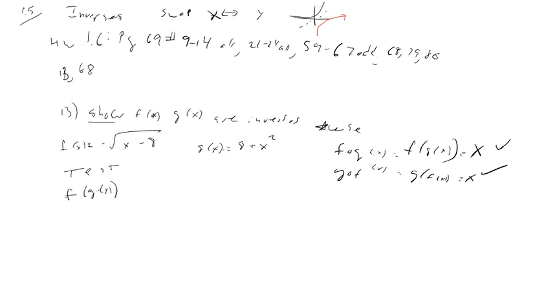So I'm going to start with the f outside, g inside. I'm going to write my f function first: negative square root. I'm going to leave a bunch of space for the x here, because in that x is where g is going to go. Minus 8. I've got 8 plus x squared.